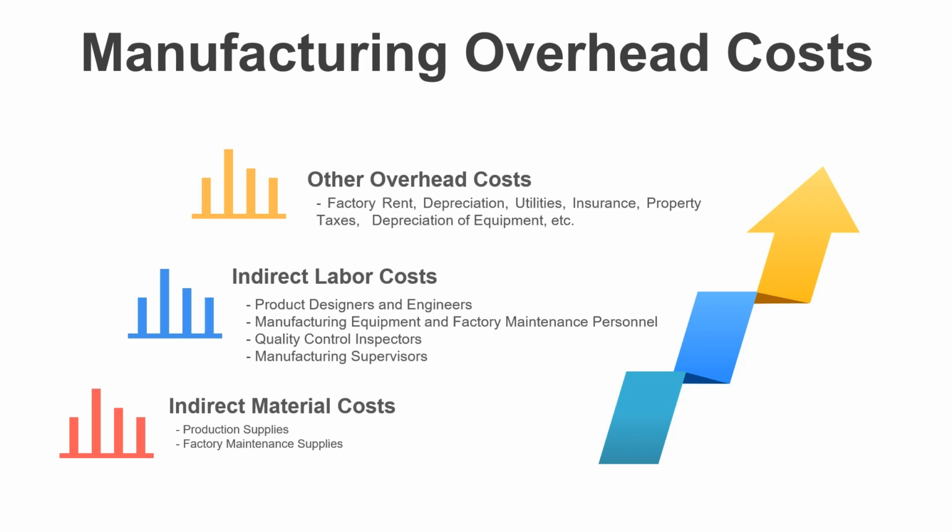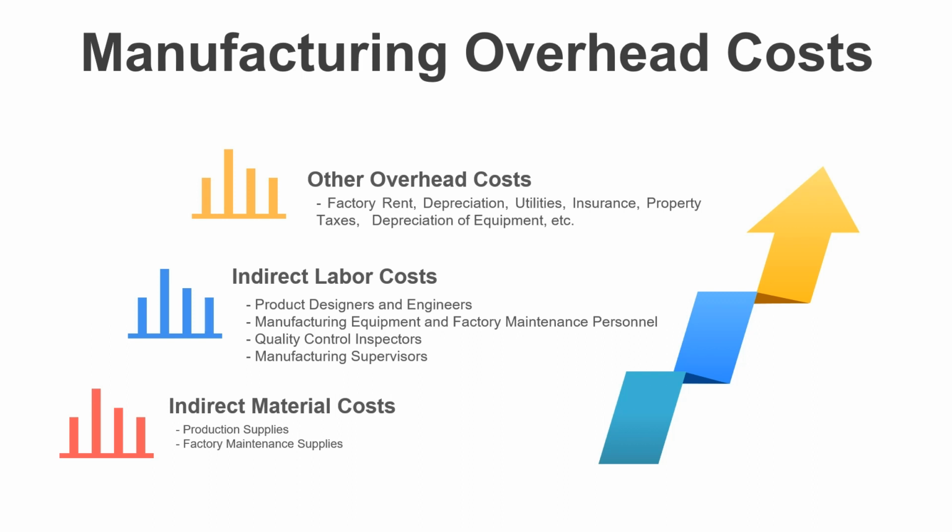If you have quality control inspectors in the manufacturing process, again, that would be an indirect labor cost incurred with the manufacture of the product, but not the direct labor of making it. Manufacturing equipment and factory maintenance personnel, again, would be an area of indirect labor costs.